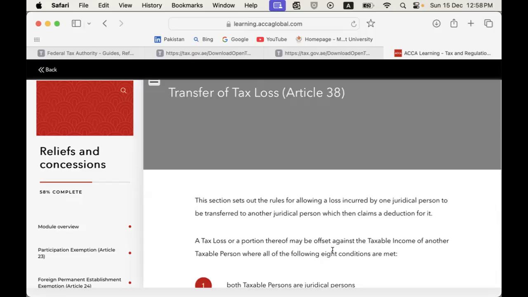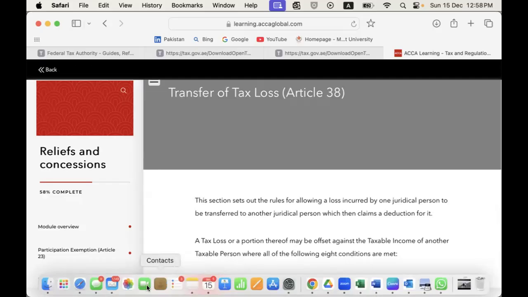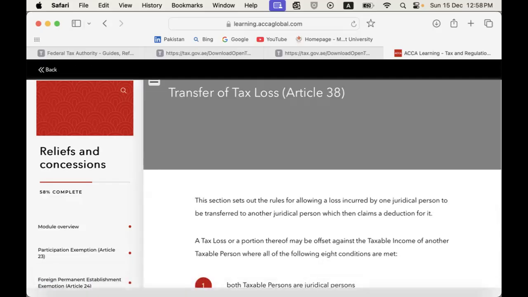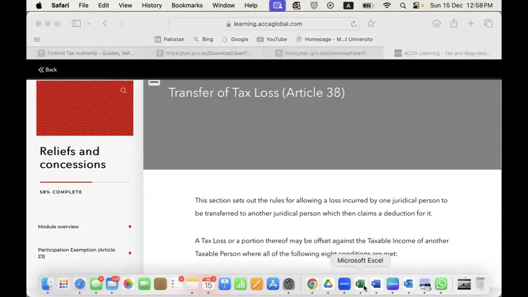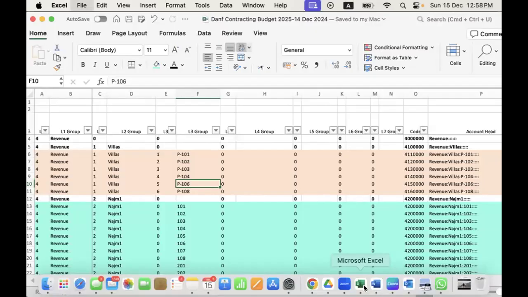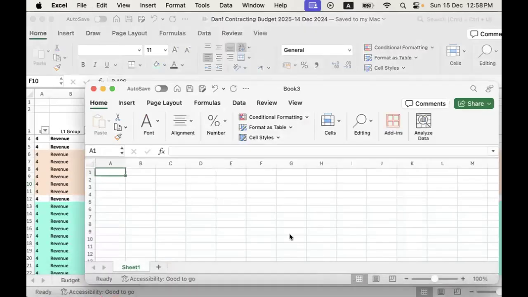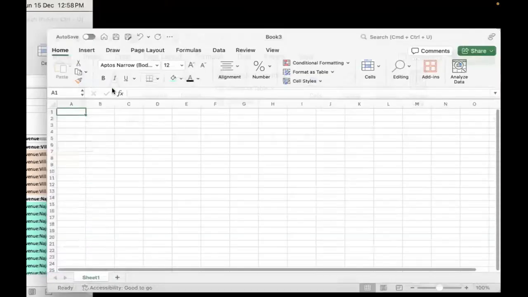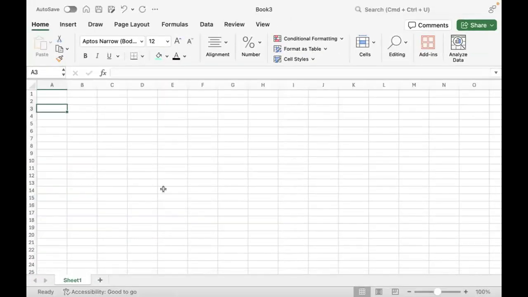I think you misunderstood this point here, Haya, a little bit. Let me explain what has been said. This 75% is irrespective of the size of the tax loss.